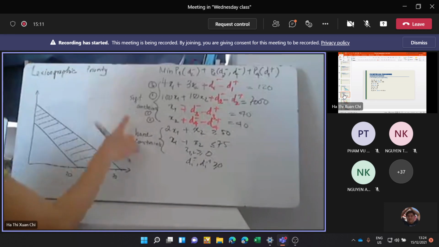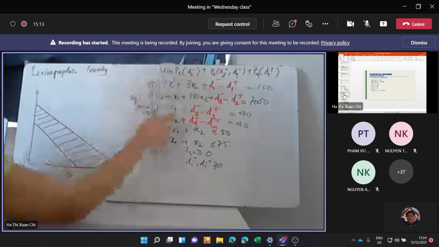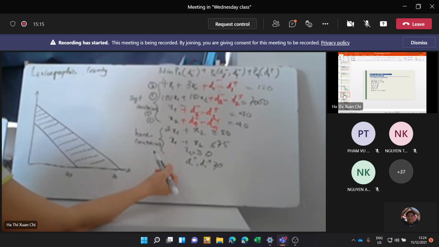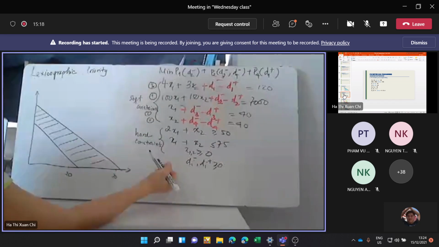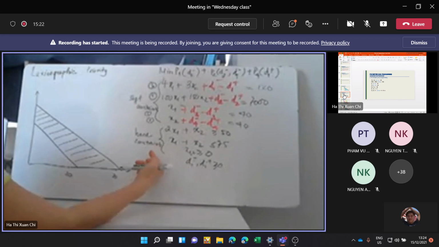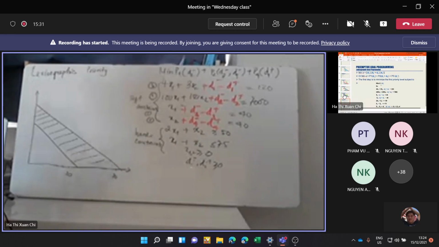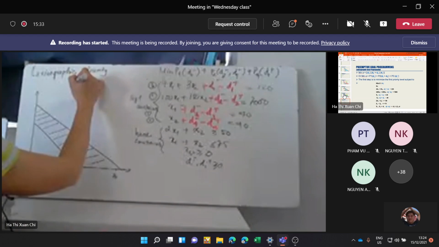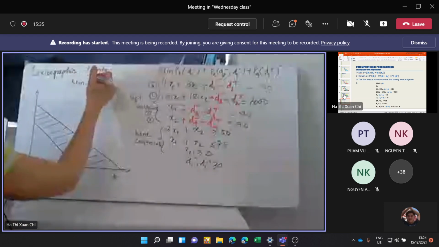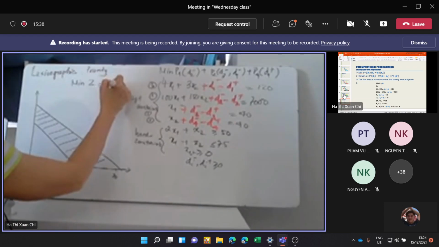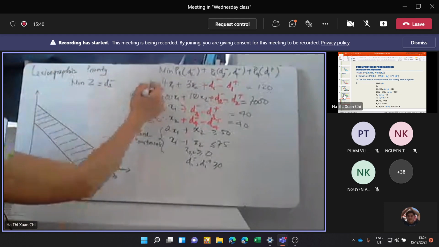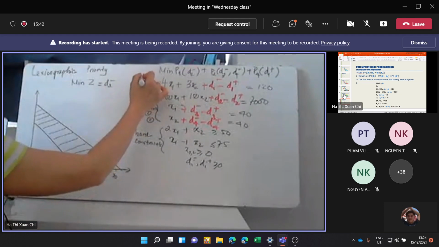But if you want to solve that, you must break it down into 3 small models. The first model, you can look at in the slide, we minimize Z. You break it down, Z equals D2 minus, minimize this one, subject to constraint 2 here.